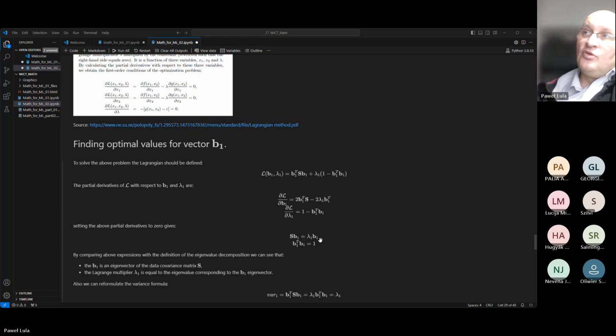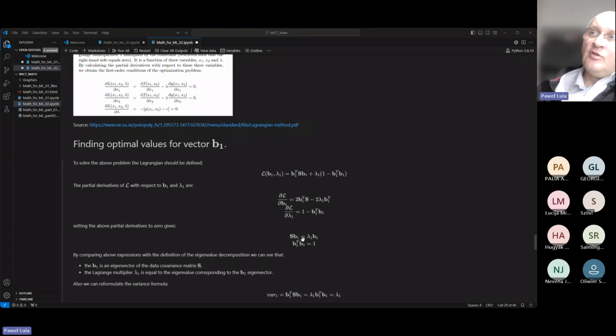If we remember that S is a square matrix, because it is a variance-covariance matrix, then if we take an eigenvector of S, for sure this eigenvector will satisfy this condition.